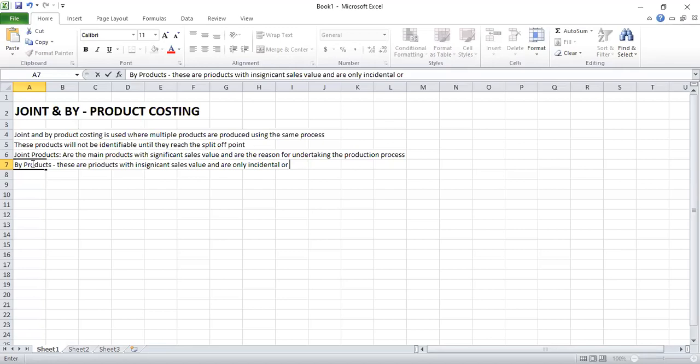Although not the main desired products, they are inevitable due to the nature of the process.